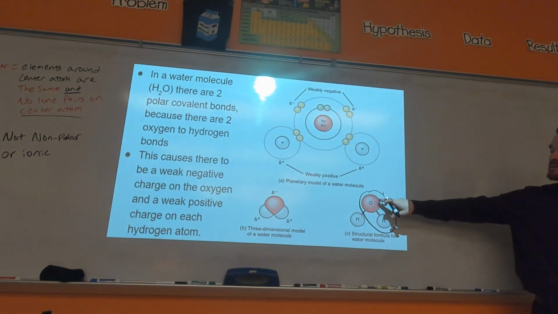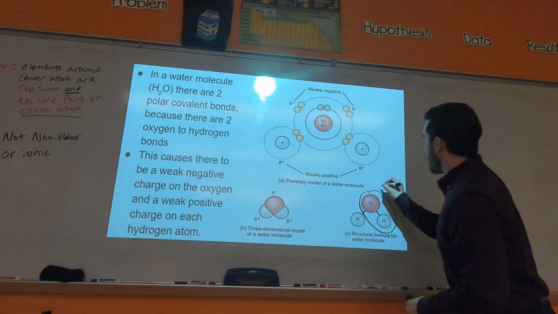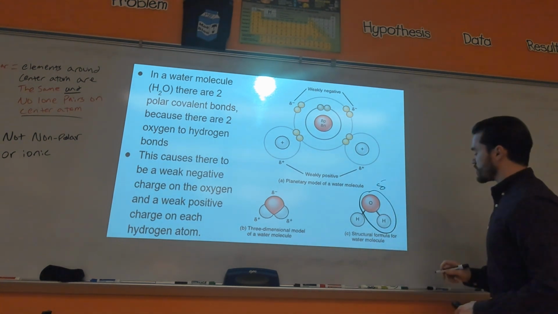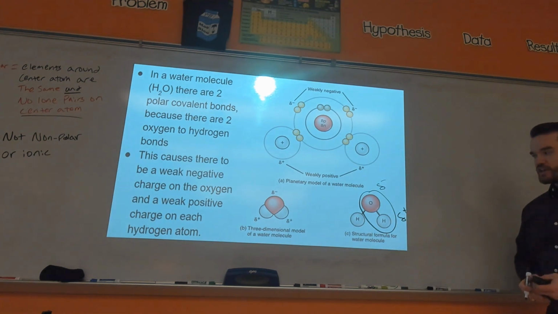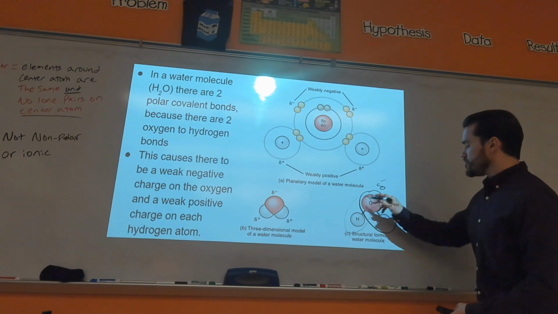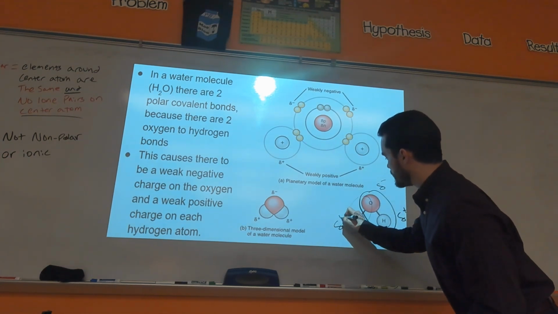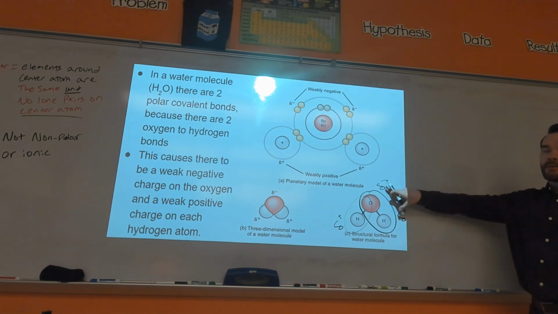And I said that because oxygen is more electronegative than hydrogen, oxygen gets the partial negative charge and hydrogen gets the partial positive charge. So if you have a second oxygen to hydrogen bond, you would get a partial positive on this part of the molecule and even more partial negative on that part of the molecule.